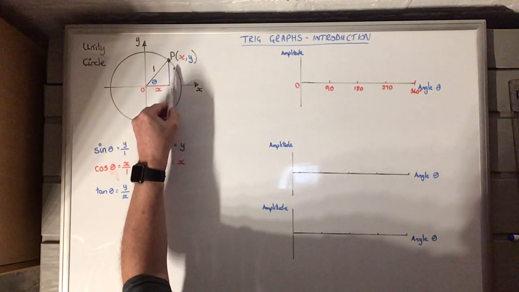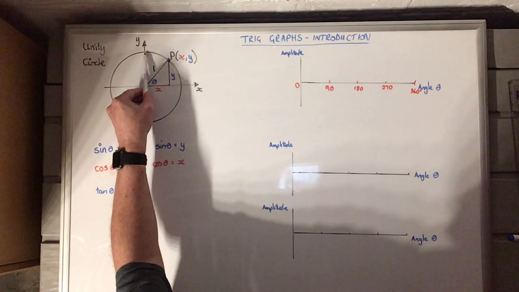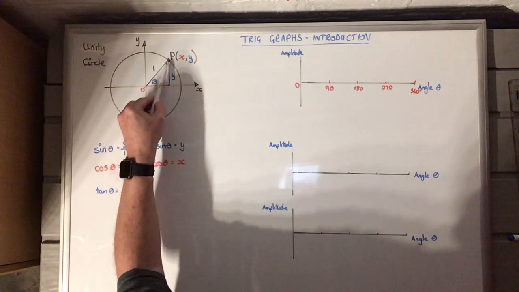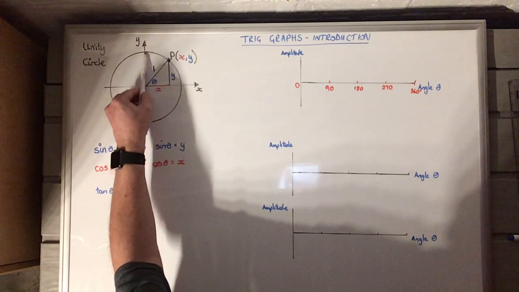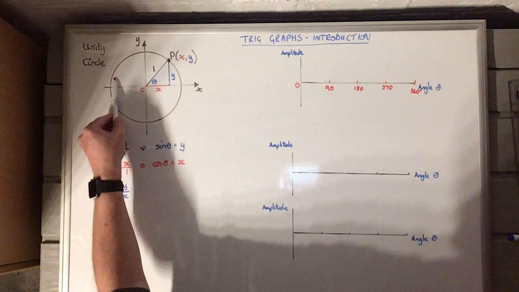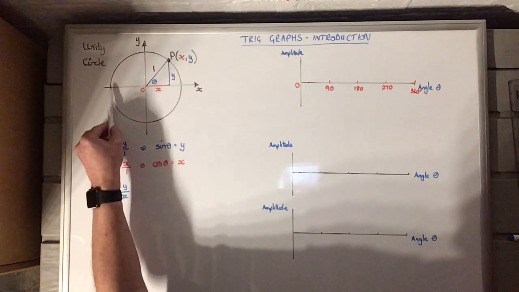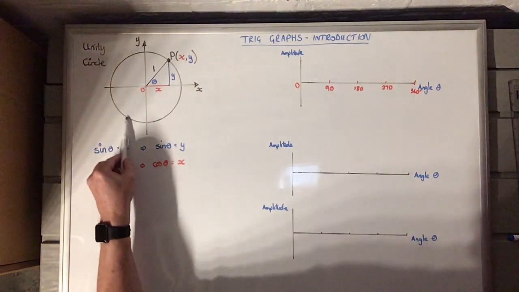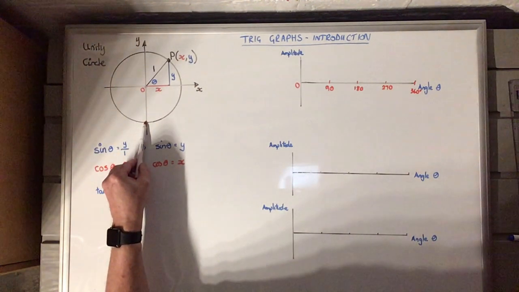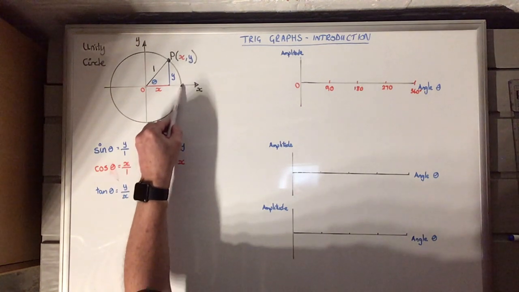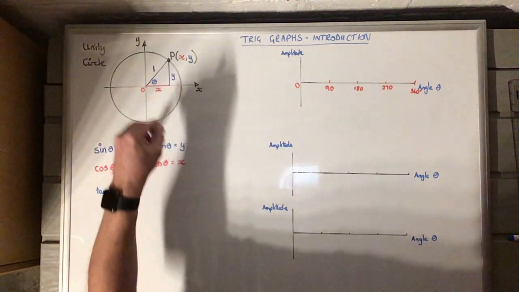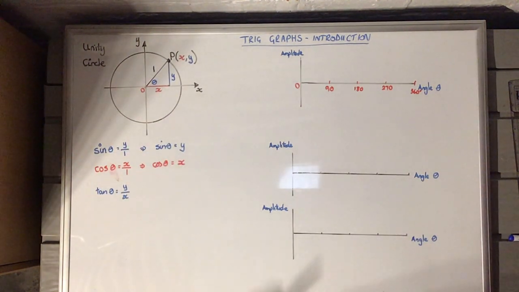But as we rotate round, it will get to 90 degrees, and the value of that will be 1. It will just be the hypotenuse. And again it will go down, and eventually we'll get to 0 again because the vertical height will be 0 at 180. Then 270 will be another value, and then up to 360 again, and then it just goes round in circles all the time. So the graph just repeats itself after every 360 degrees.